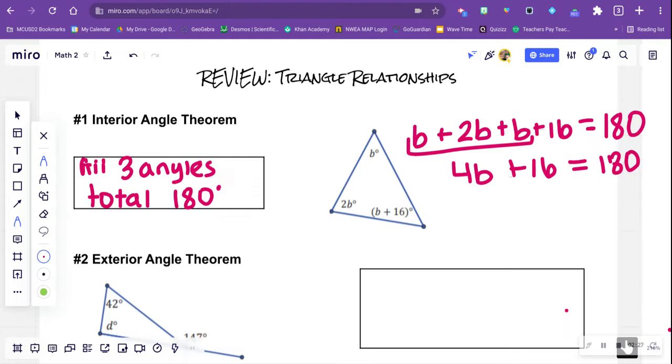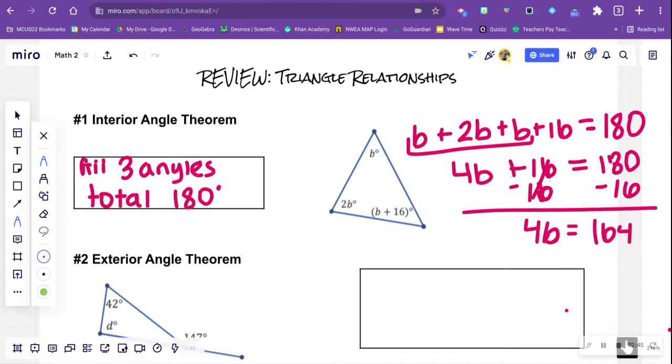So I'm going to do a 2-step equation here, get the b by itself, subtract 16 from both sides. That will leave me with 180 take away 16, which is 164. And then last step, divide by 4. And so we get the solution of 41.